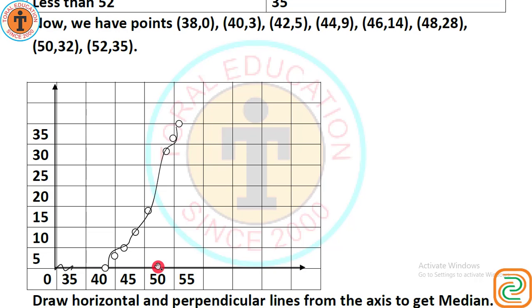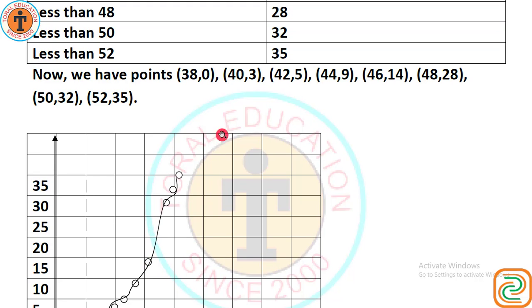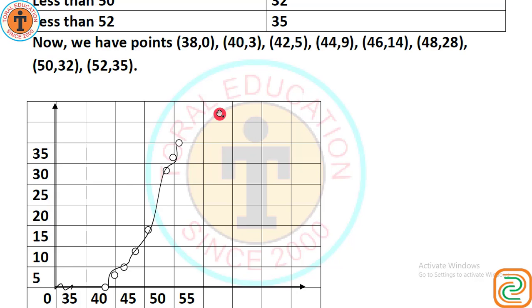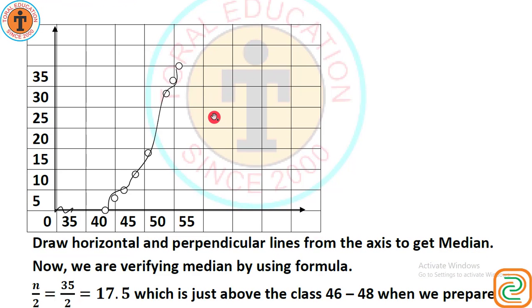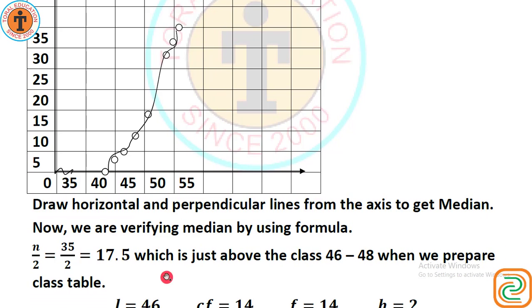Okay friends, now median. Median means N by 2. N is the total number, which is 35. 35 by 2 is 17.5. Here N by 2 is just above class 46 to 48 when we prepare the class table.